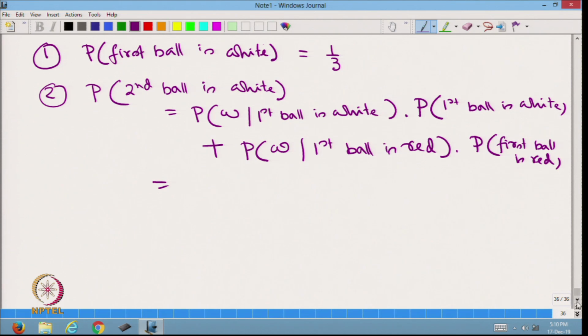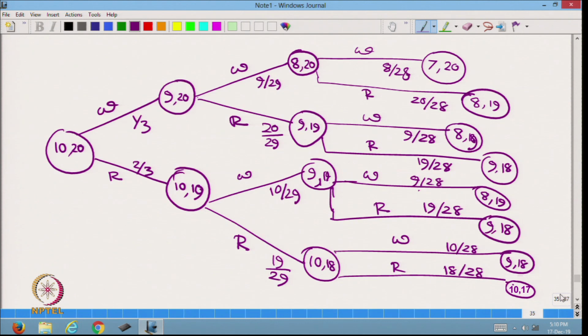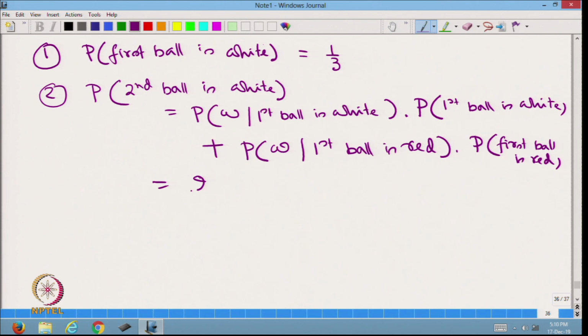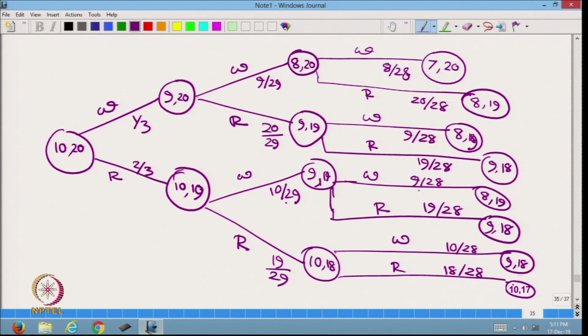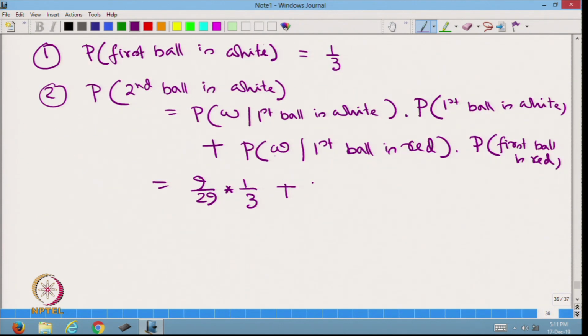So probability of white given the first ball is white is equal to 9/29, into probability first ball is white, which is 1 by 3, plus probability second ball is white given first ball is red, which is 10 by 29, multiplied by probability the first ball is red, which is 2 by 3.